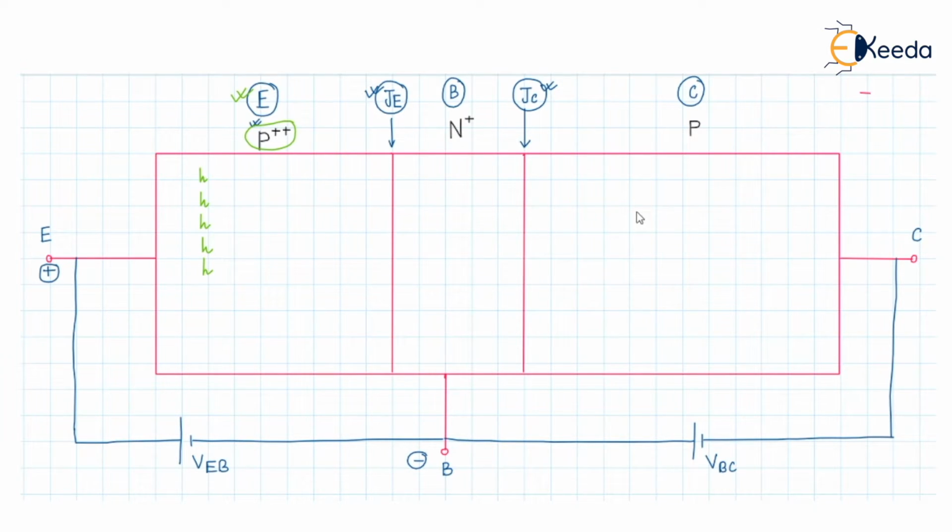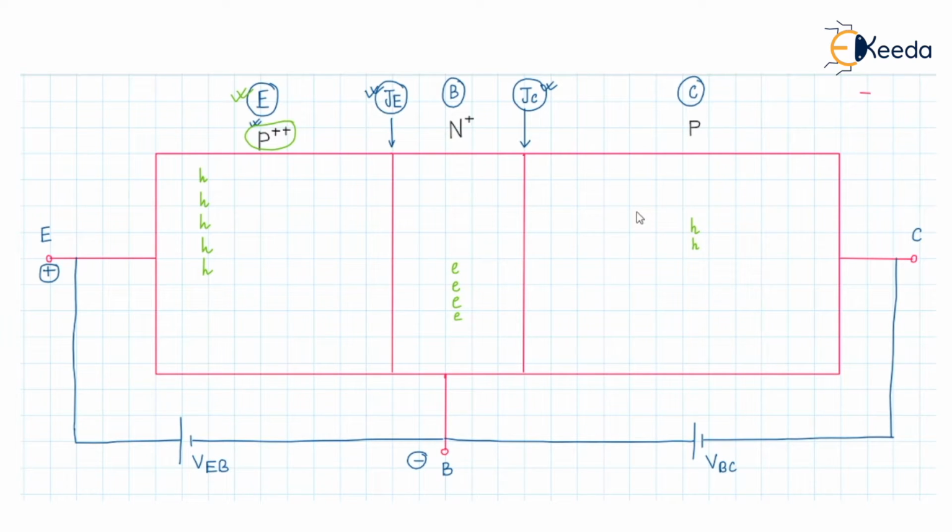Similarly, in the base region, which is N type, the majority carrier electrons must be present, and the collector region is P type, so there are far fewer holes compared to the emitter region because it is lightly doped, and these holes are the majority carriers of the collector.